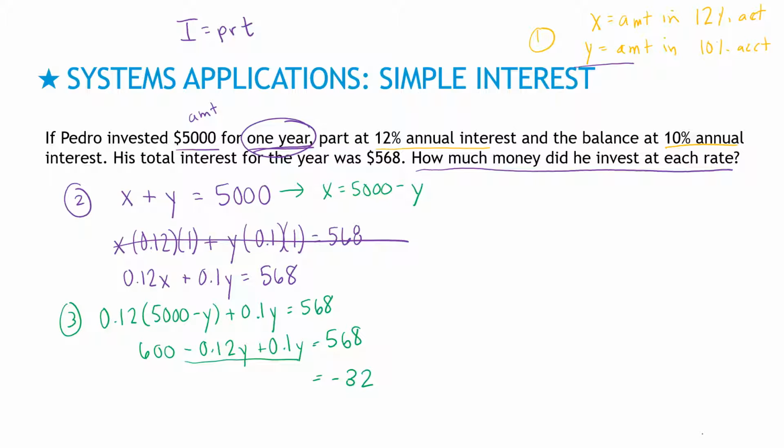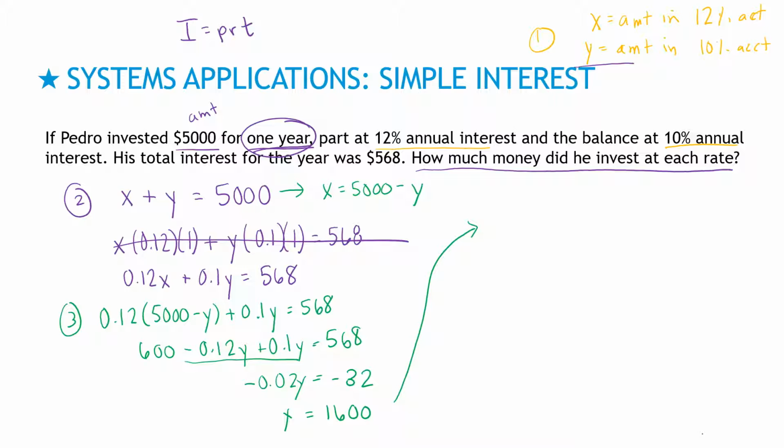And then on this side, these two combine to be negative 0.02. So be careful with those decimals. 32 divided by 0.02 is 1,600. And so that's how much Pedro put in his 10% account.